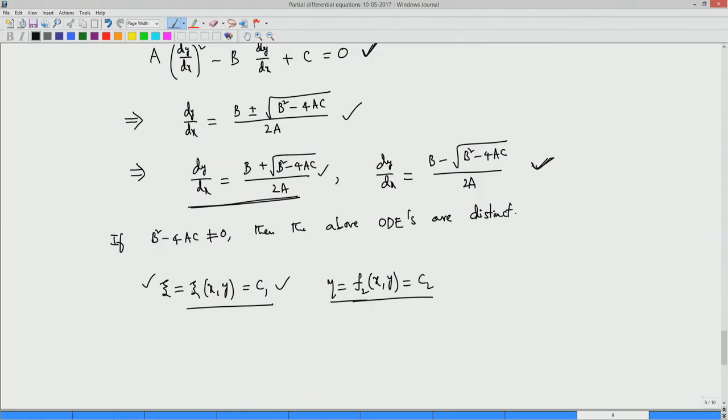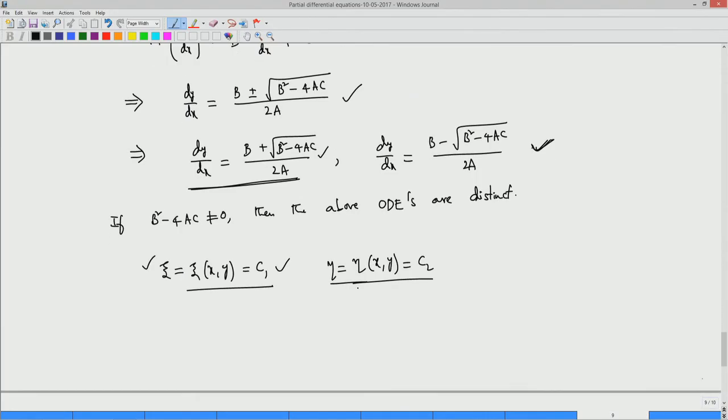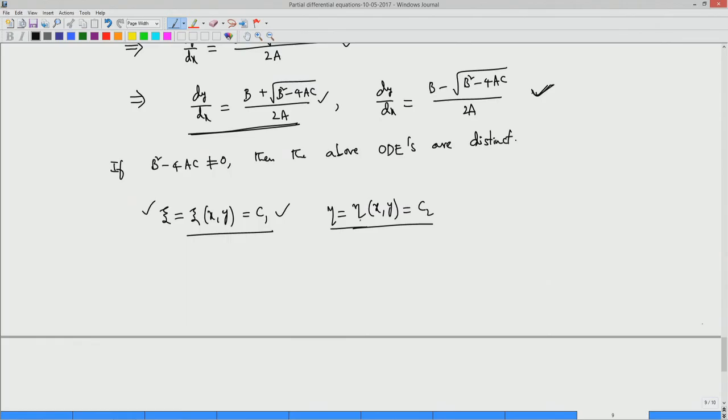After solving this, you get some function of x y that I am calling xi of x y, that is my new variable xi. Similarly, when you solve this one, I am defining eta of x y equal to C2 as a general solution. Whatever the combination of x y is, that is my new variable eta.